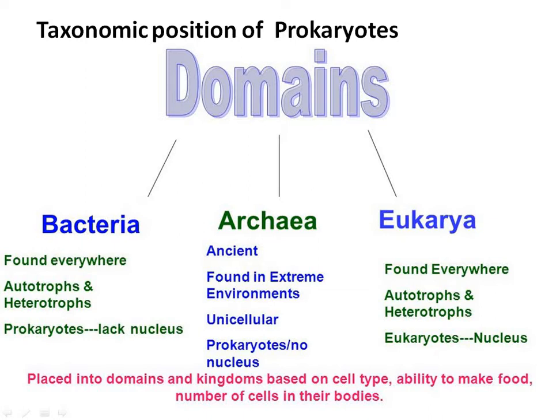Archaea were previously called archaeobacteria. Archaea means ancient. They are just like bacteria, prokaryotic cells, but are different because they are present in extreme environment where other living organisms cannot survive.